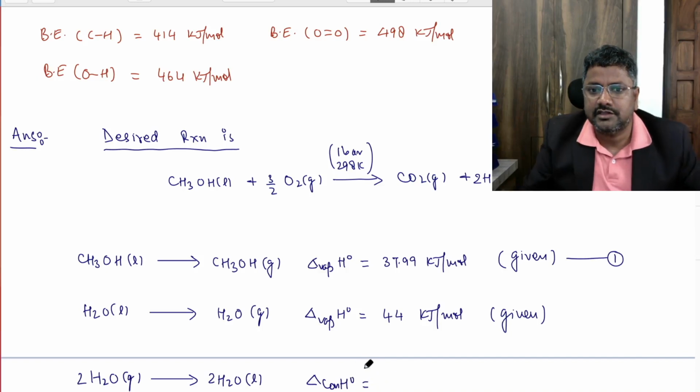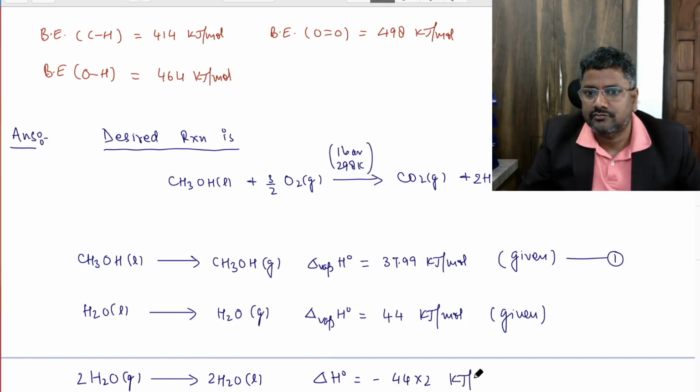We cannot write condensation because it is not for 1 mole, it is for 2 mole, but okay, because I have multiplied with 2 as well, so I am simply writing the reaction. Delta H naught is equal to minus 44 into 2 kilojoules per mole. I am writing this as equation 2.